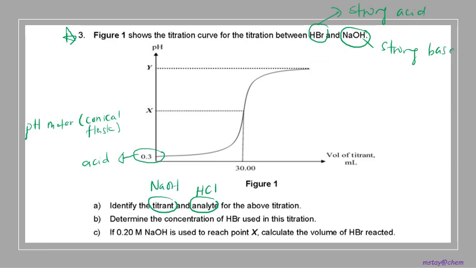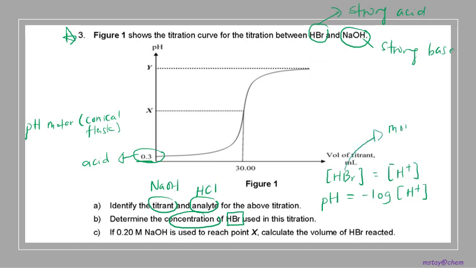Next question, determine the concentration of HBr in this titration. From the pH curve here, we know the pH value. So we're going to use the formula pH equals negative log concentration H plus, because concentration HBr will equal concentration H plus, due to HBr being a monoprotic acid.